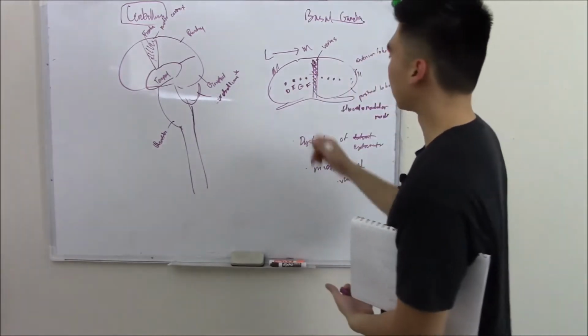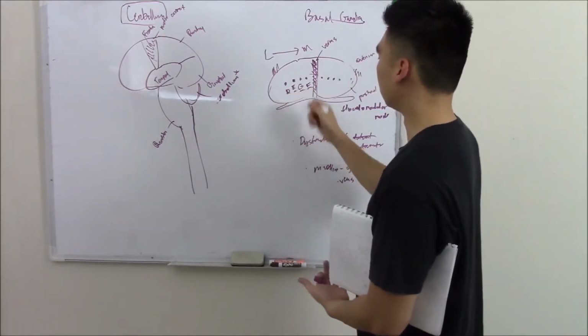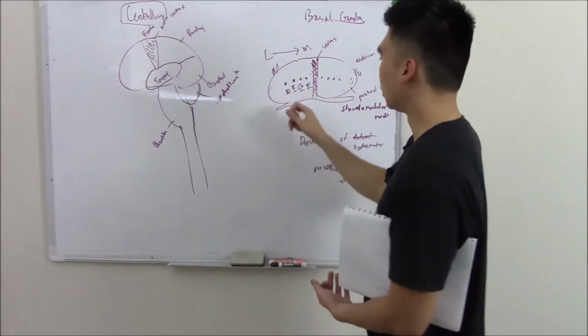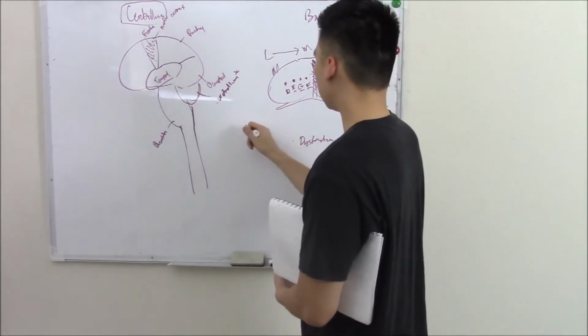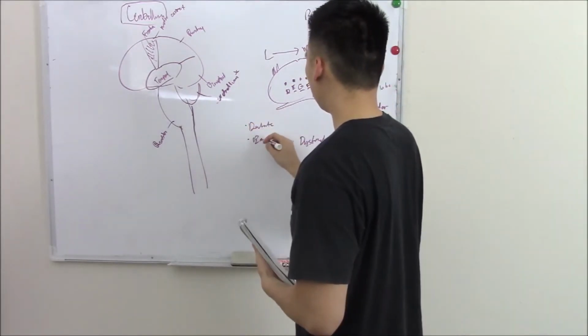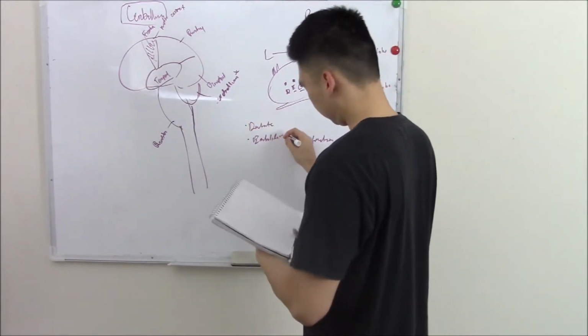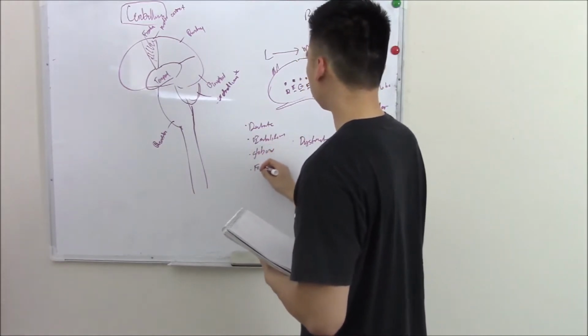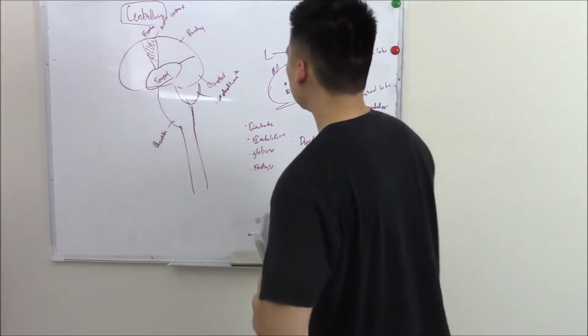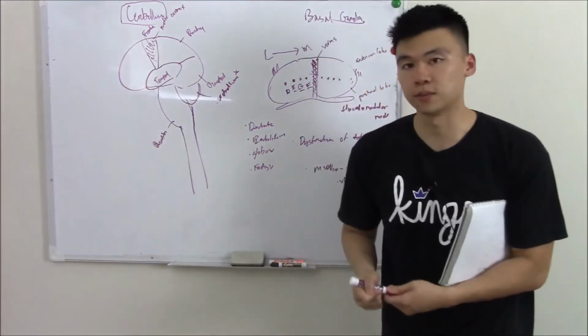The common mnemonic is don't eat greasy foods. You can use anything, but you should just know what they are, lateral to medial: dentate, emboliform, globose, and lastly, fastigial. These nuclei help you process your information.